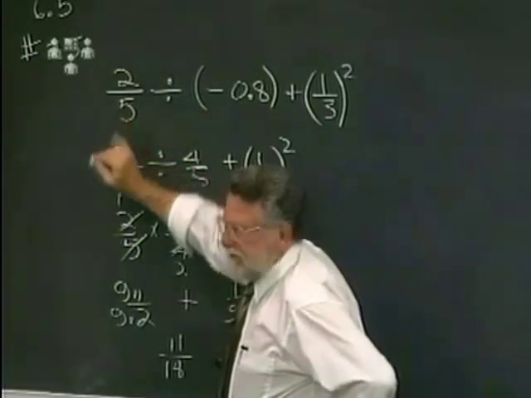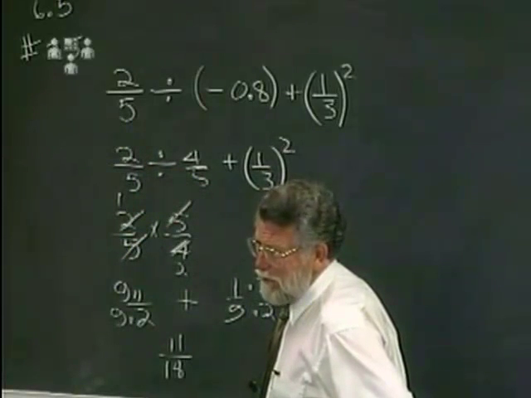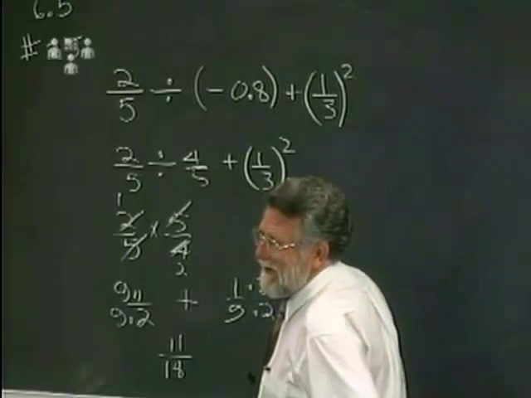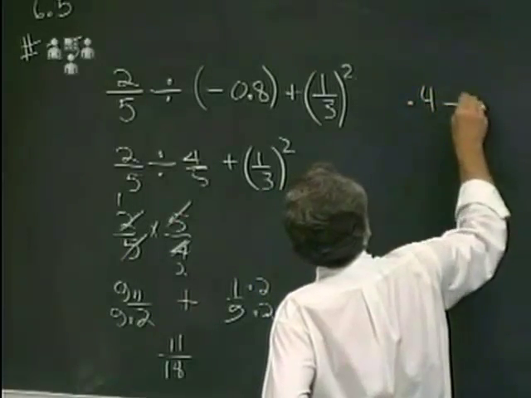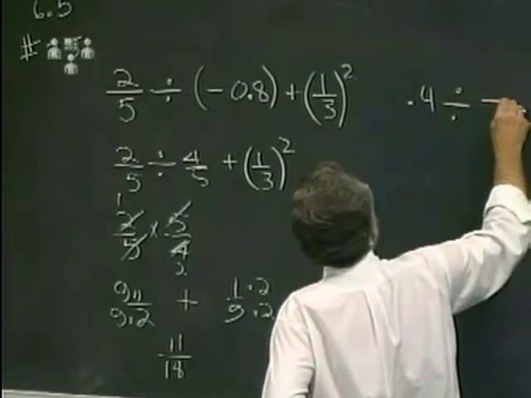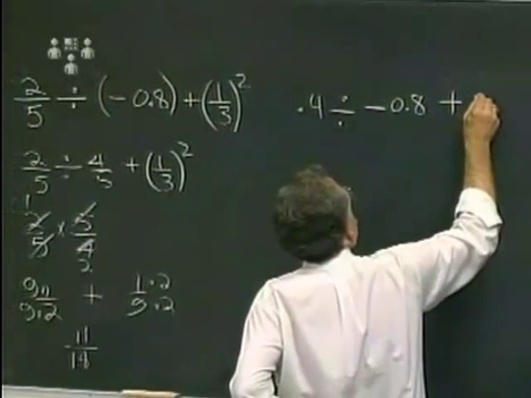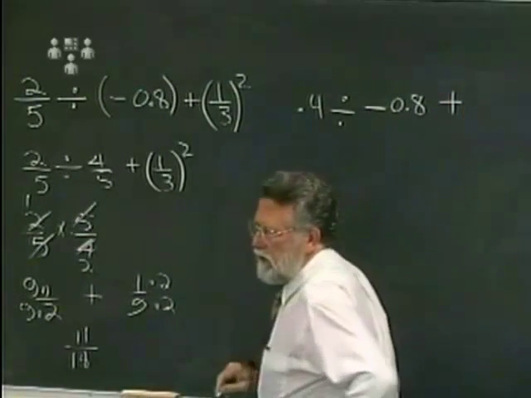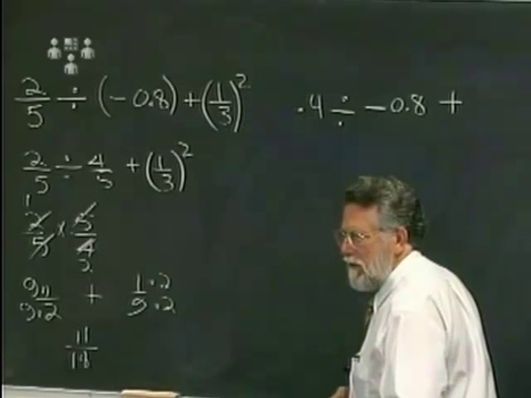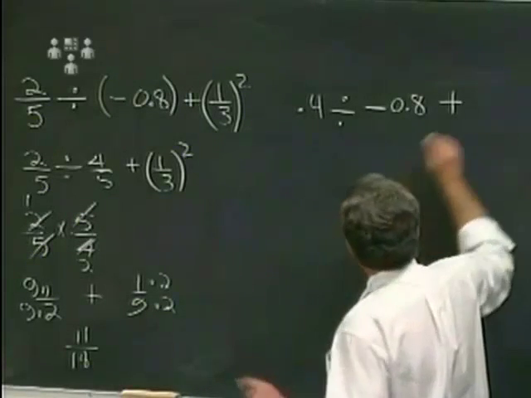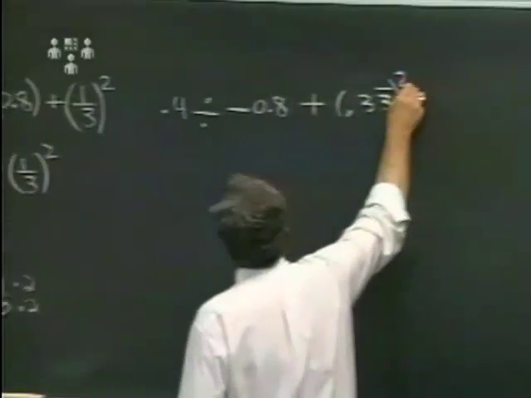Decimal version. 2/5, also known as 0.4. Okay, good. So we have 0.4 divided by a negative 0.8 plus, did you put 0.33333333, etc. squared? Well, no. If you do this, and you understand the 3's go forever, you'll be okay.